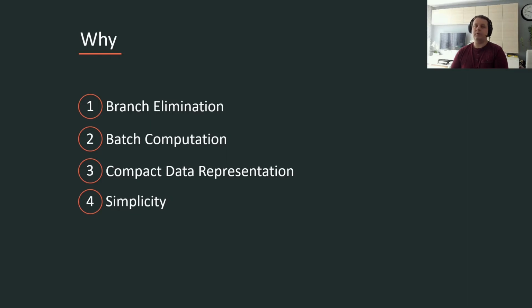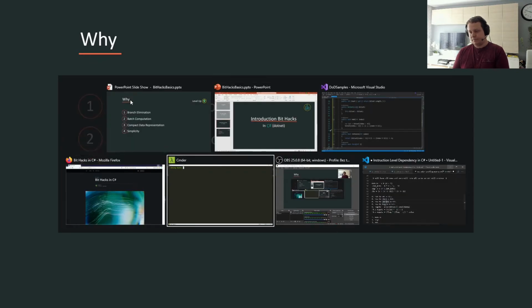For example, if you have a big data set lying somewhere on disk because it's so huge it cannot fit in memory, you can have a bit mask that says whether, for example, this record is present in the database. And of course, simplicity. You can have certain masks and data structures that make your code simpler.